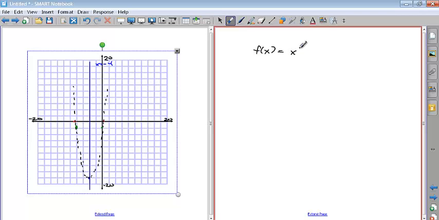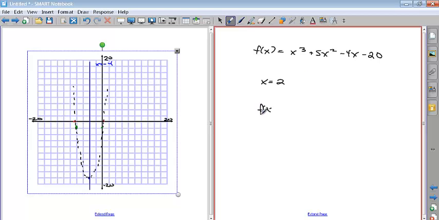So we get x cubed plus 5x squared minus 4x minus 20. And I'll give you one of the zeros. So I'm going to say one of the zeros is x equals 2. So then it says find the other zeros.